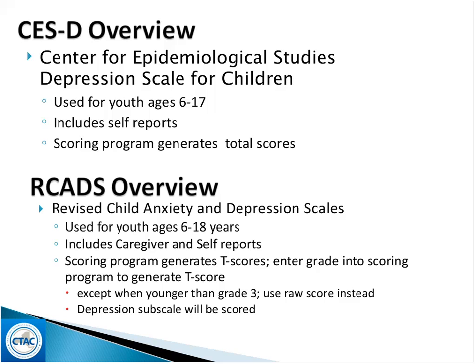Perhaps you have a kid who has both some anxiety and depression, and you're looking for one measure versus two to be able to assess both of those things at the same time. Perhaps you're looking for a measure that will give you not only a kid's self-report, but a report from the caregiver. So these are the kinds of decisions that need to be made in terms of deciding, well, what's the best measure for this particular client, given their age, given who you want information from.